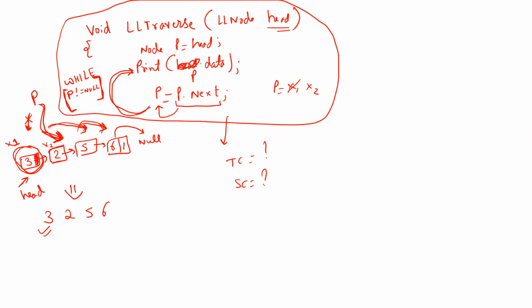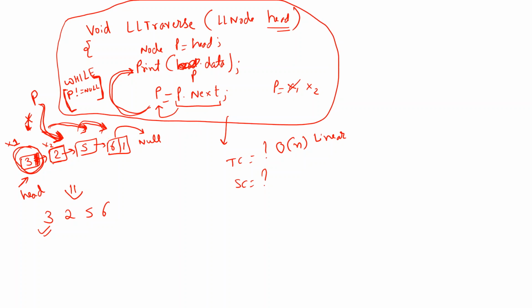Those who attended my last session should be quick in answering. Linear. The time complexity is linear over here, or I can write order of n, and that is because the number of iterations for this program will be bounded by the number of nodes in the linked list.